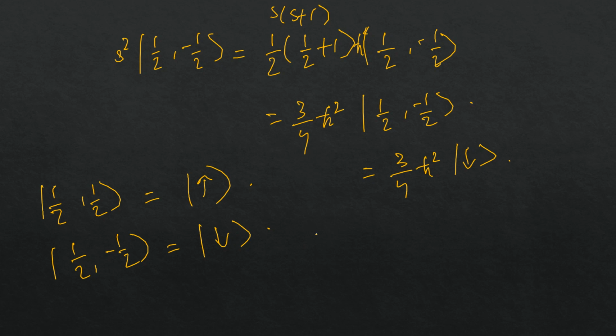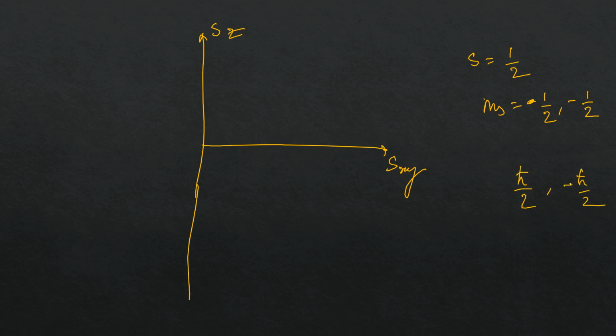So how do I represent spin? See, in the vector atomic model, this is your sx, sy, this is your sz. The sz values: for s equal to half, ms is half and minus half, so h cut by 2 and minus h cut by 2. Right? So this will be your h cut by 2, this is minus h cut by 2.